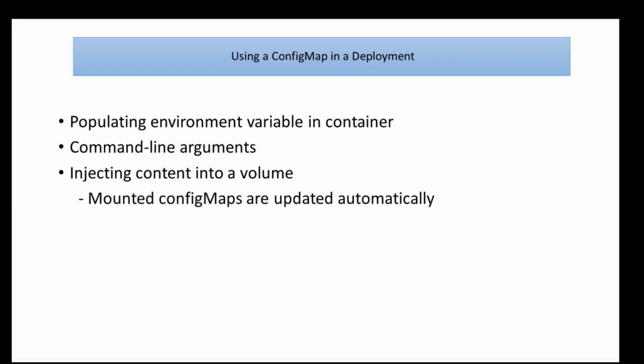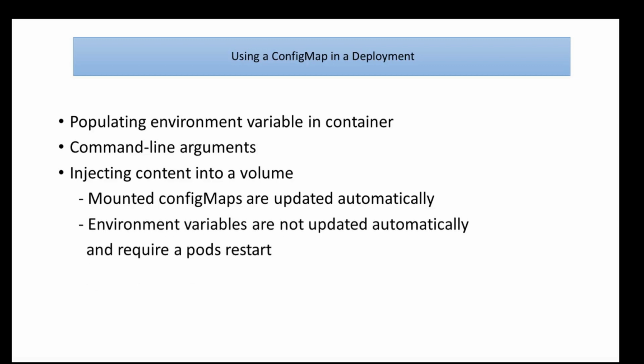The one thing is the mounted config maps are updated automatically. Meaning when you change the values in the config map, if the config map is mounted already in the container, it will automatically refresh the updated data.